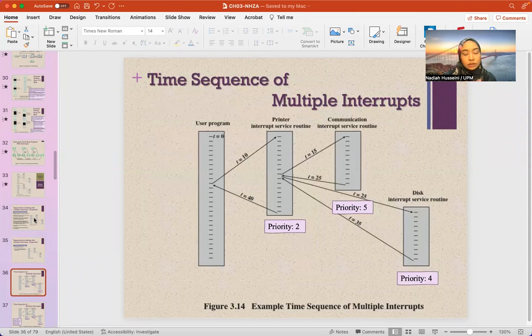And then we also talked about this example whereby the disk had lower priority than the communication line, but the communication line has a higher priority than the printer because the printer is slow. The priority is dependent on how critical the data is. Are you going to lose the data over a small period of time? Those are the things that define the priority.